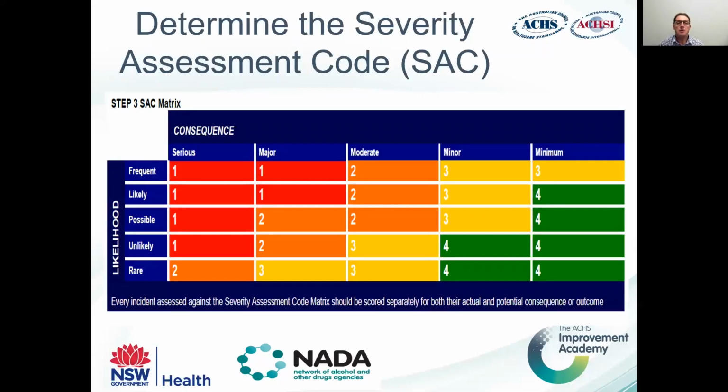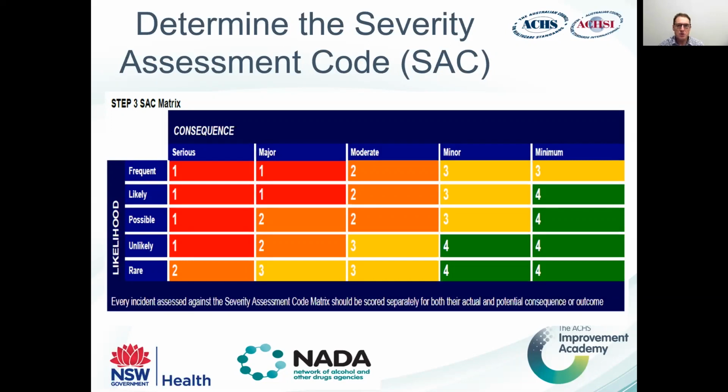So there's a schema of the code that's up on the screen at the moment. This has been used within the Ministry of Health Services, such as LHDs, for over a decade, and it will be the primary system that we use in the AOD sector as well to determine seriousness of incident.